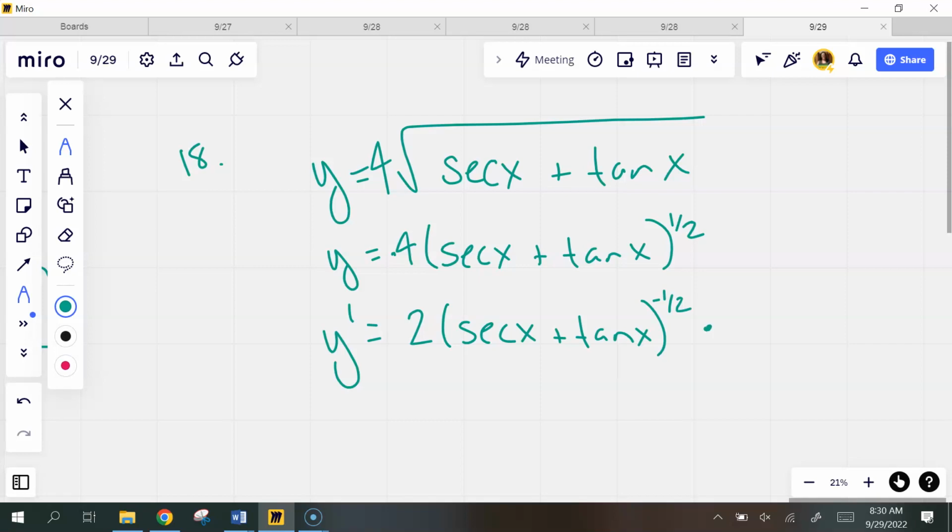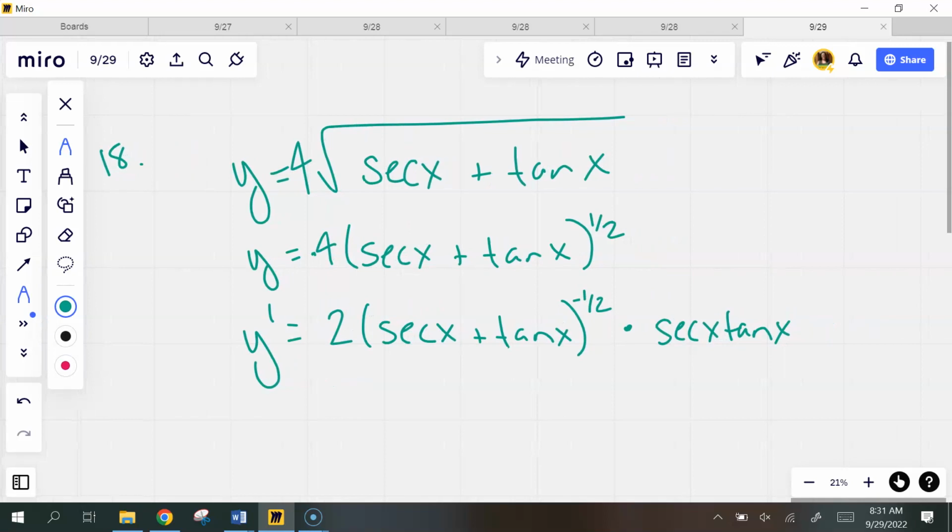What's the derivative of secant x? Secant x tangent x. Plus, what's the derivative of tangent? Derivative of tangent x, secant squared x. I'm probably stopping there.